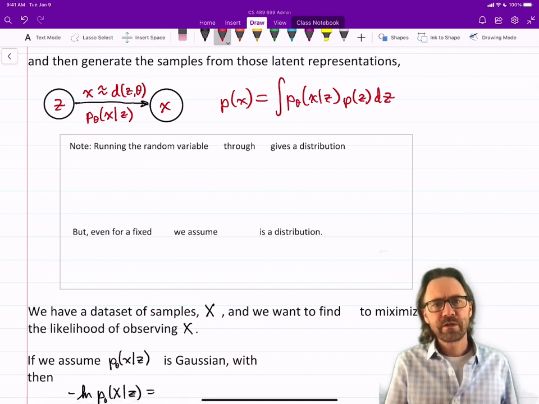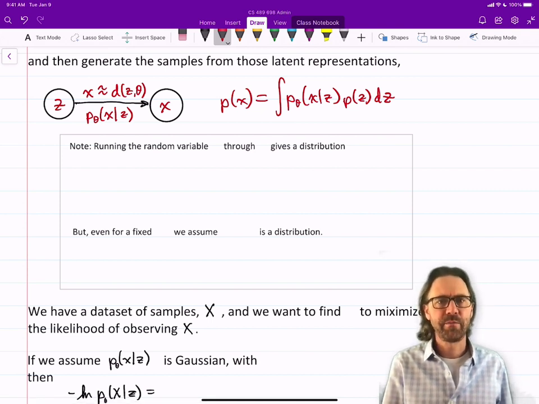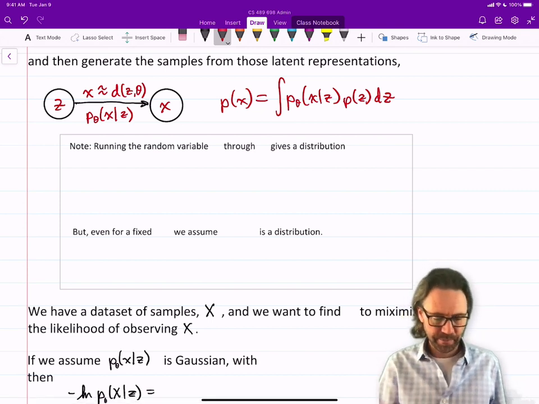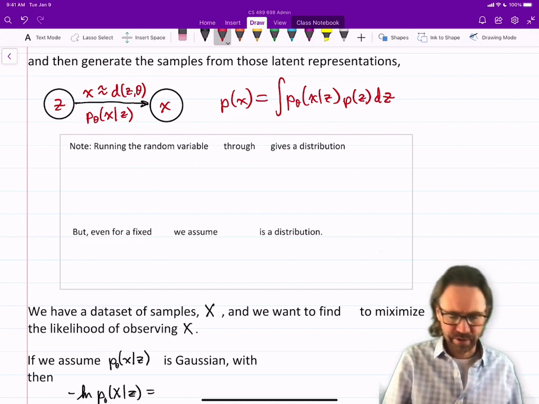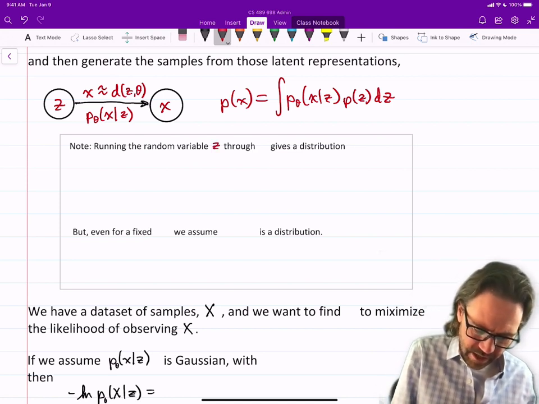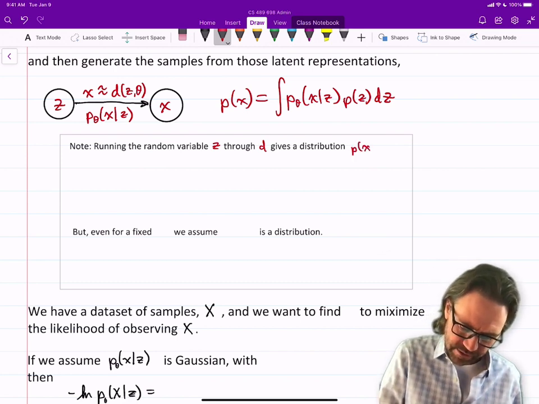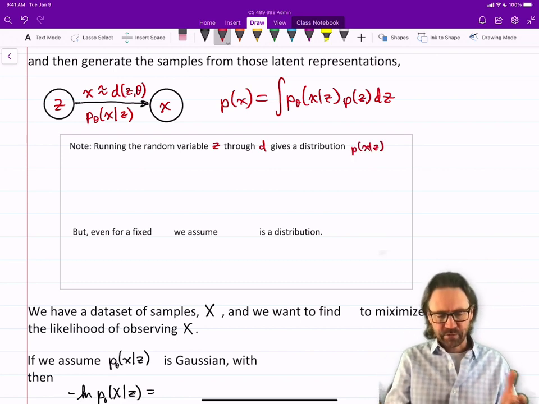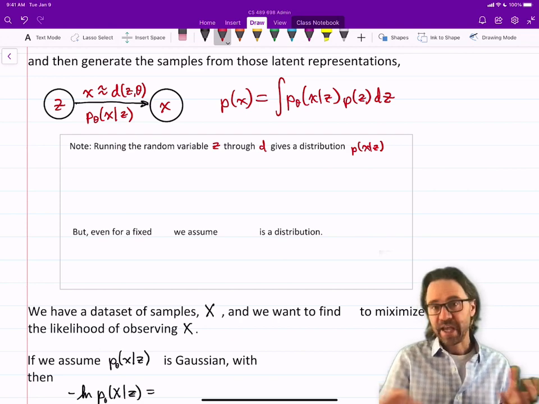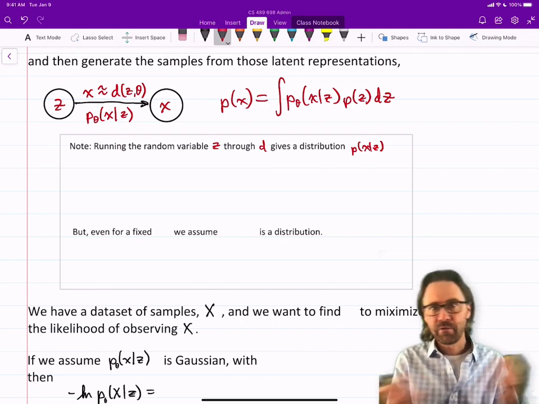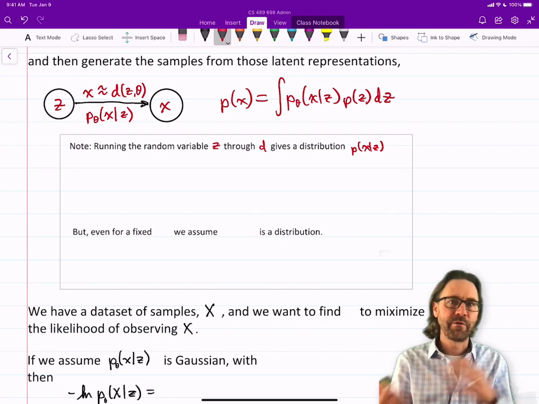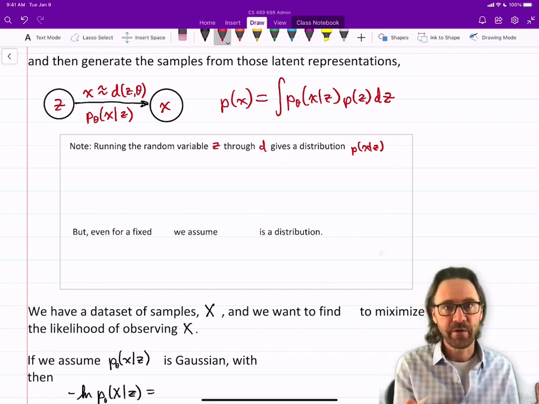So note here, running the random variable Z through D gives a distribution. So running Z through D gives a distribution P of X given Z. Since Z is a distribution, running some random variable through some function gives you another random variable.